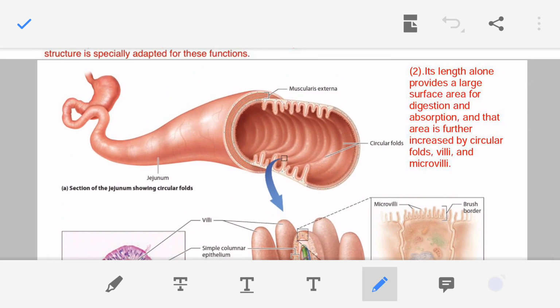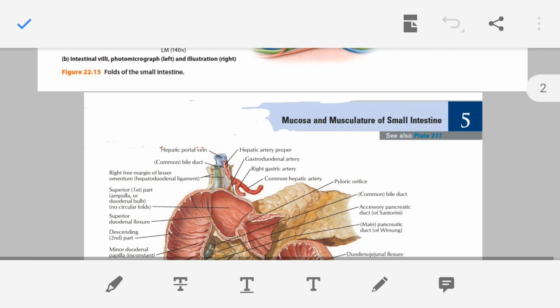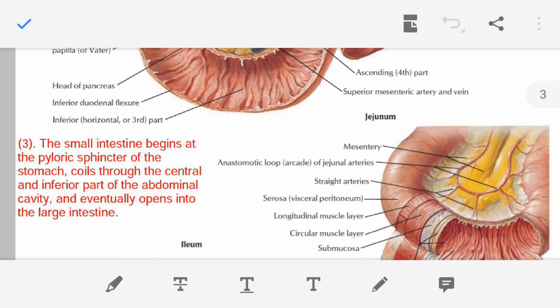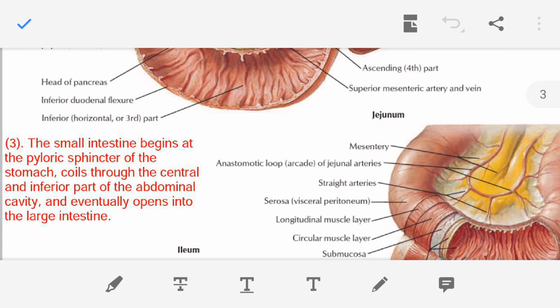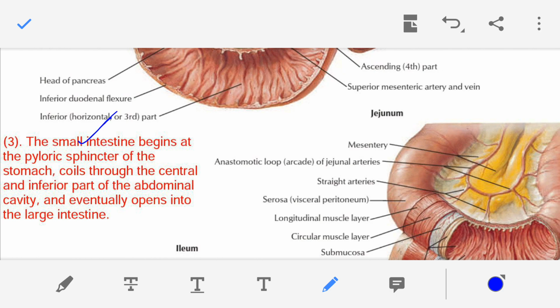So this was the second point of our discussion, and now moving on to the third point of our discussion. Now the third point is, what is the starting point for the small intestine, from where the small intestine begins. Now the small intestine begins at the pyloric sphincter.